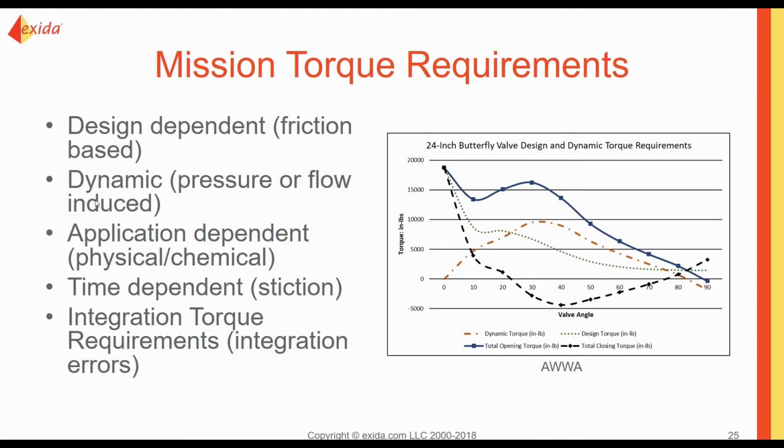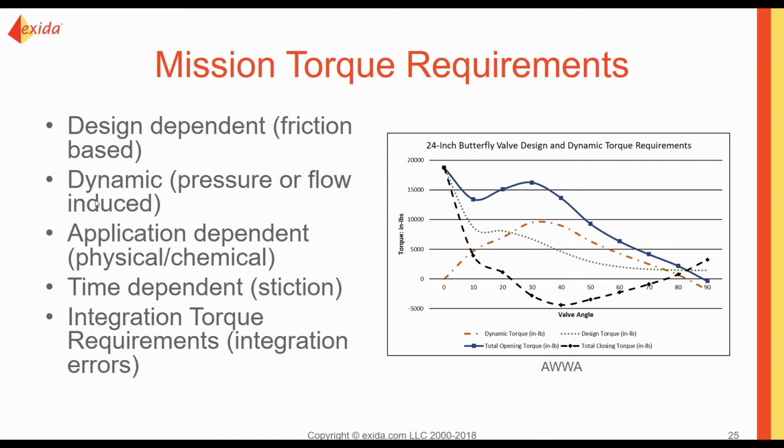Then there's three other things to consider. One is the application: is there a physical or chemical reaction or change going on in that valve as it's in process or service for a long time? Then there's time dependent: valves that are moved more frequently will have lower stiction or binding forces.